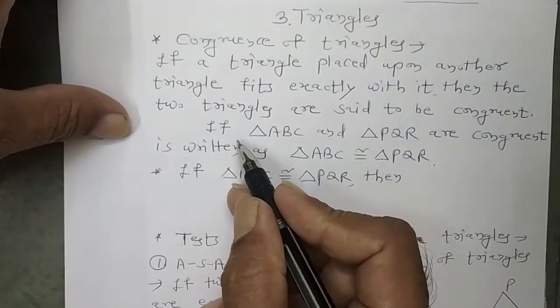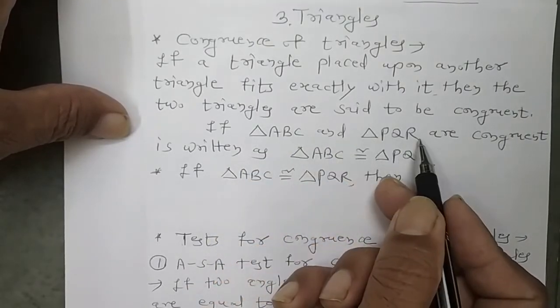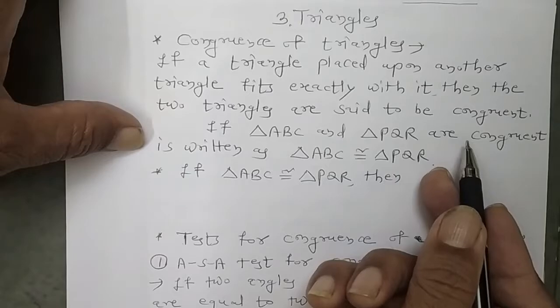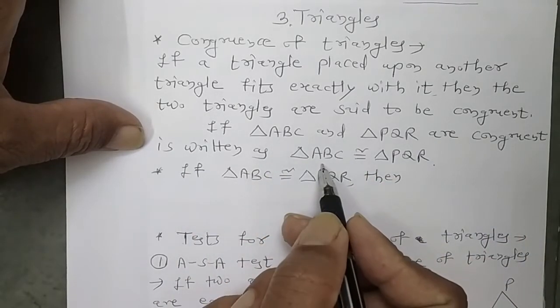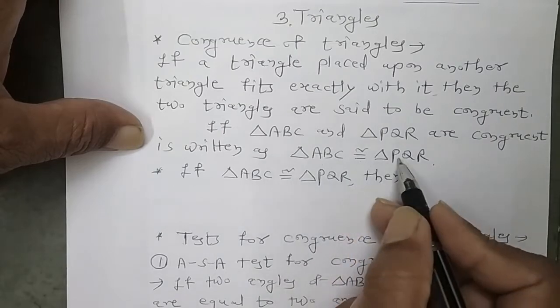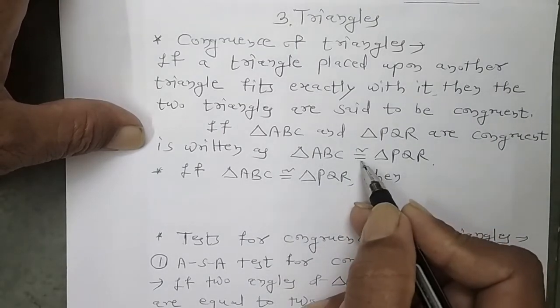If triangle ABC and triangle PQR are congruent, it is written as triangle ABC congruent to triangle PQR. This is the sign of congruent.